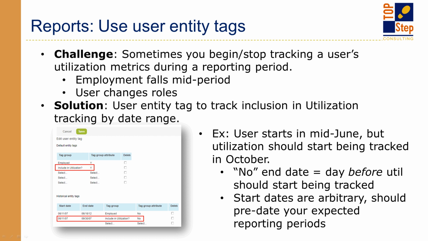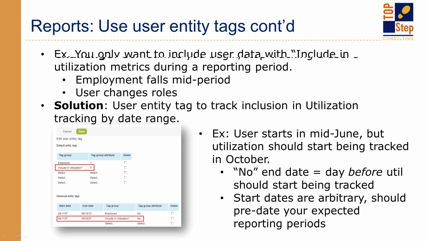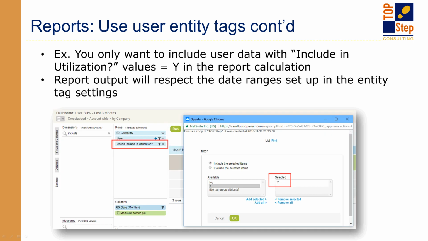Speaking of reporting, okay, now that we've configured the user, we can select the Include in Utilization filter in our report. So in this example, we only want to see resources whose Include in Utilization value equals Y. So as you can see in the screenshot, we've included that value in a row.